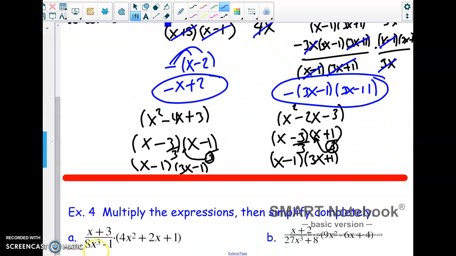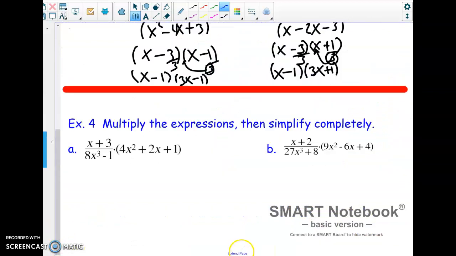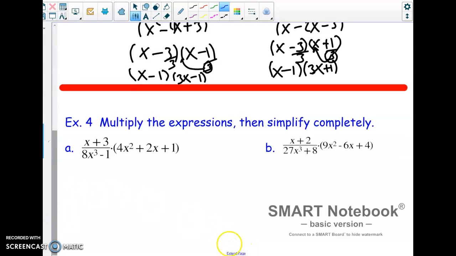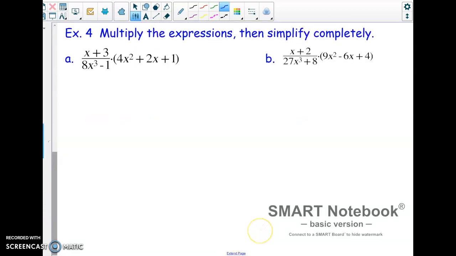Now let's look at our other examples. These are a little bit more difficult because we're going to have to remember those sum and difference of cube rules. So the first thing I'm going to do is remember those rules.